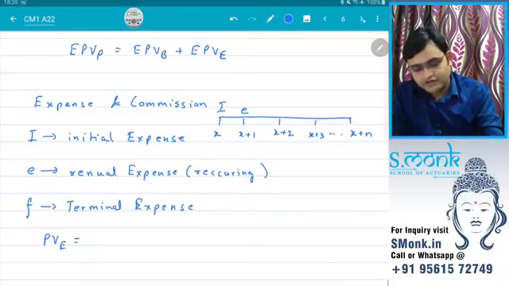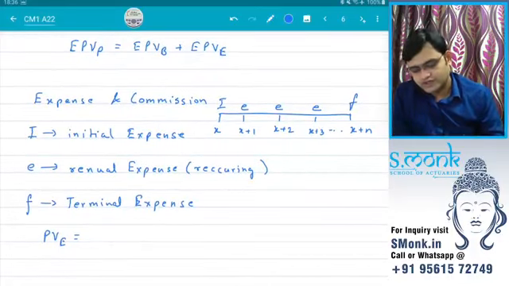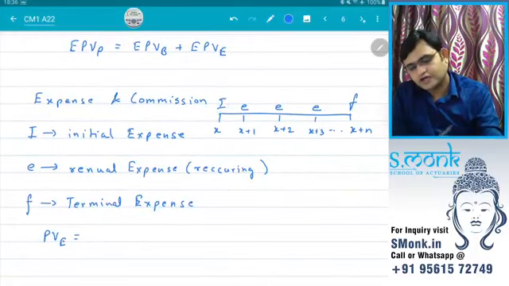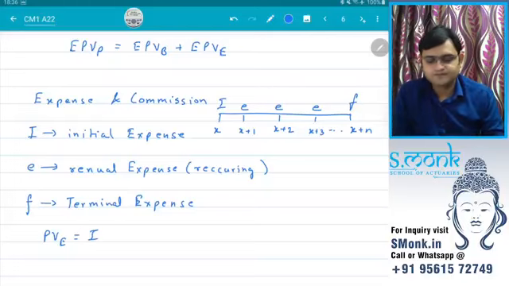After that, we have renewal expenses here, here, here, and so on. And we will have a final terminal expense here. The present value of initial expense is always going to be I, because everybody pays it when the policy is bought, at time 0.